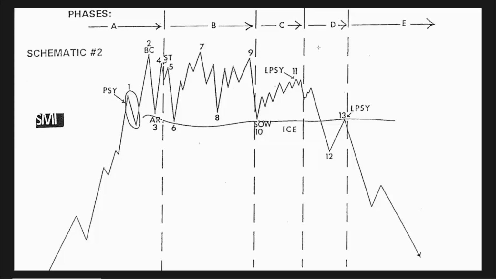Anyway, so when I see a structure like this one here, I'm paying really close attention to this area here. Okay, the last area of known liquidity where we know buyers stepped in, because that's the structure which is currently holding up price.